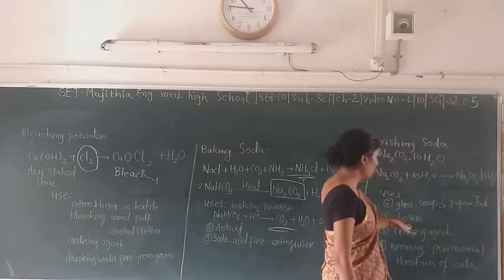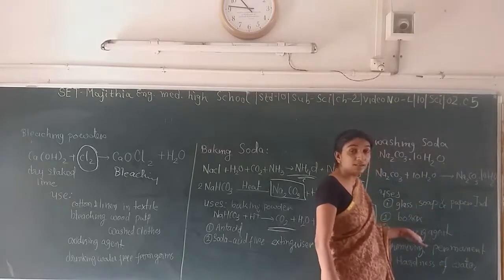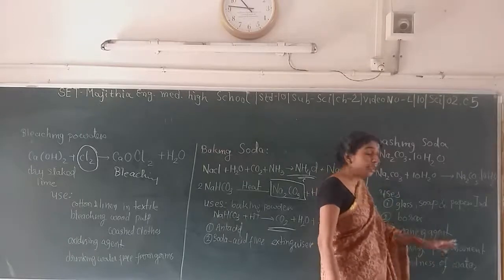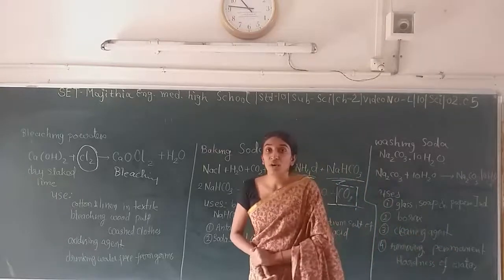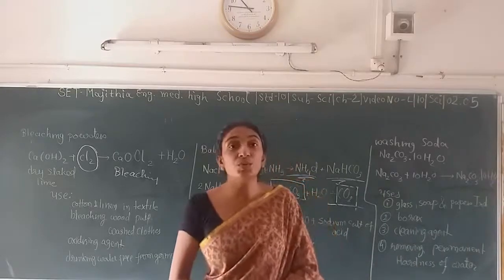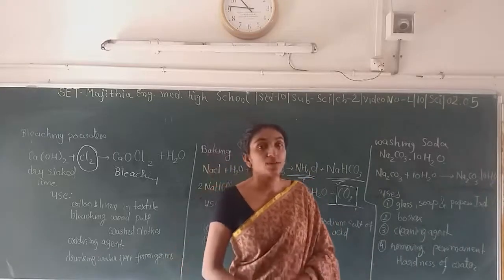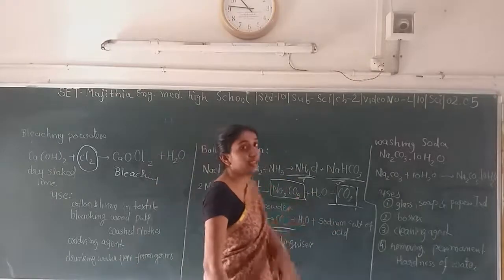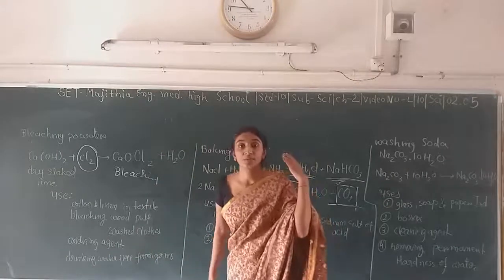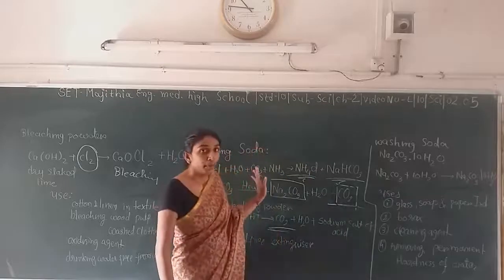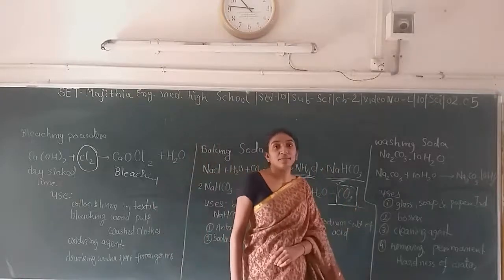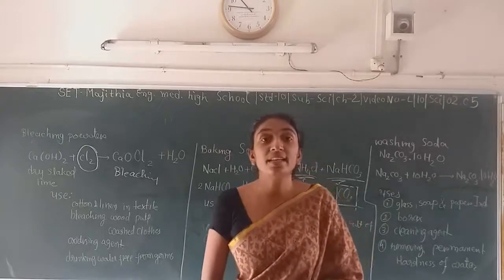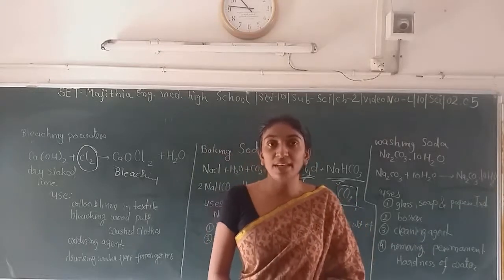It is used in borax and as a cleaning agent. Obviously, it removes permanent hardness of water. So these are the basic uses of washing soda. We have learned about these three things: bleaching powder, baking soda and washing soda, which have enormous domestic use in our everyday life.